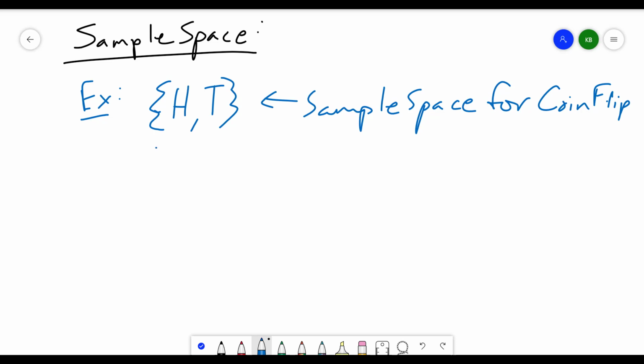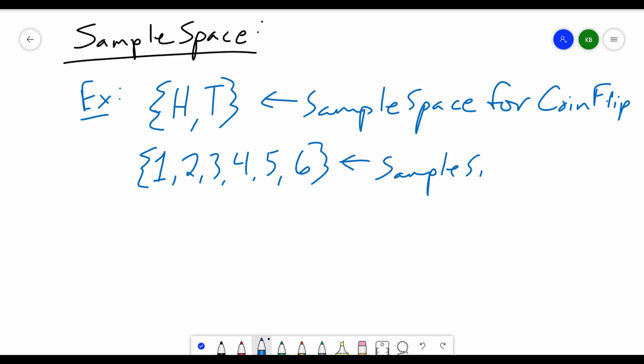And if we rolled a die, a six-sided die, we could have a 1, a 2, a 3, a 4, a 5, or a 6 as our outcome. So that's our sample space for a single die.